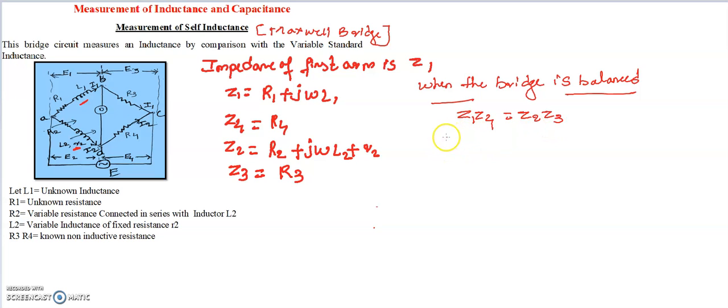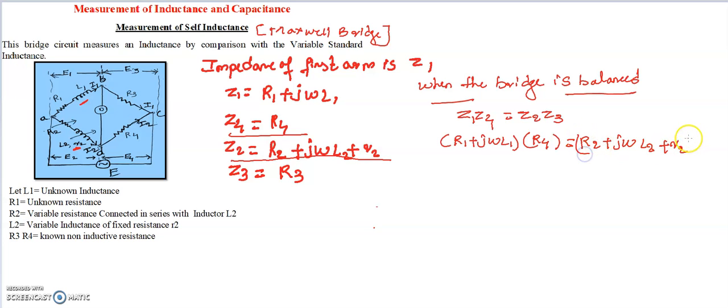We know Z1 is R1 plus j omega L1, and Z4 is R4. This is multiplied and equals Z2, the complete second arm, R2 plus small r2 plus j omega L2, into Z3, which is R3.